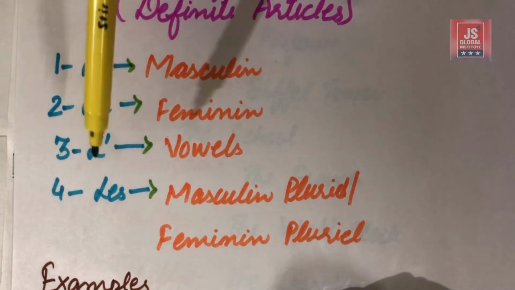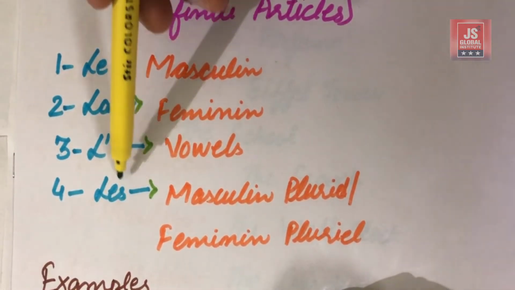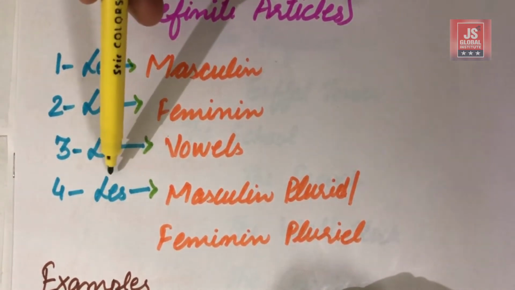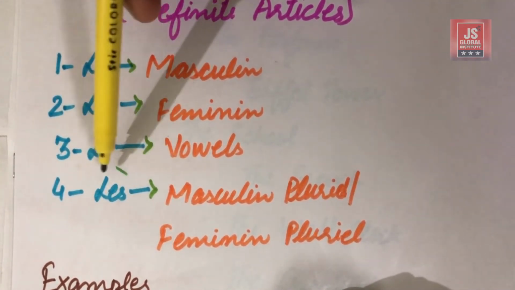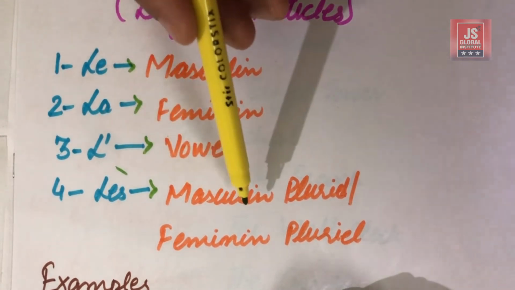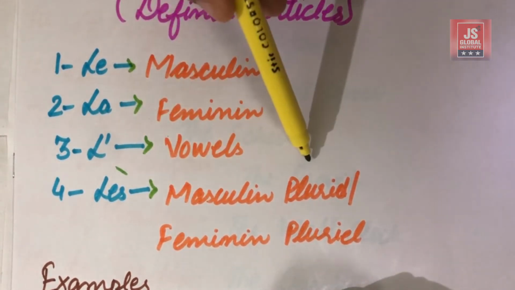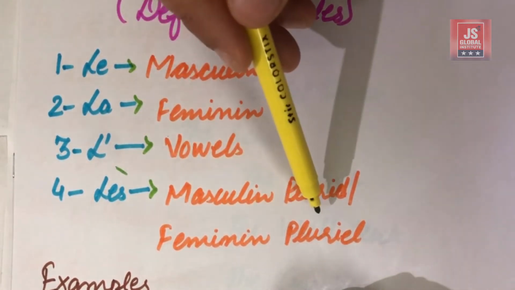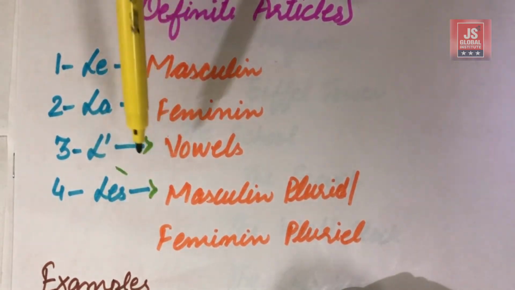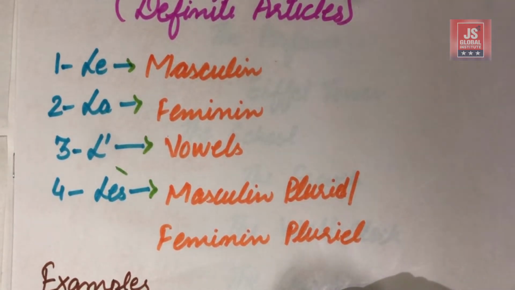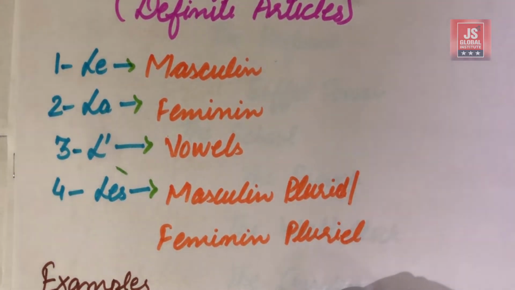Same is the case with les. How is it pronounced? Lay. So this les is used with plural things, be it masculine plural or feminine plural, les will be used irrespective of the gender. Now we are going to move towards the examples so that you get to know these things clearly.